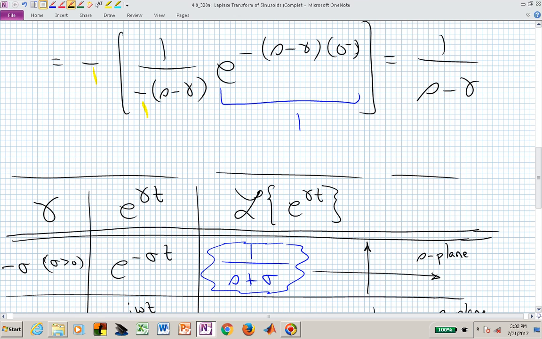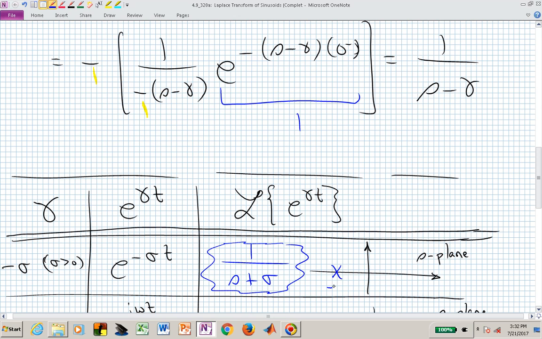And in fact, if we evaluate that at a value of s equal to minus sigma, then this particular expression will blow up or become what we call a pole.